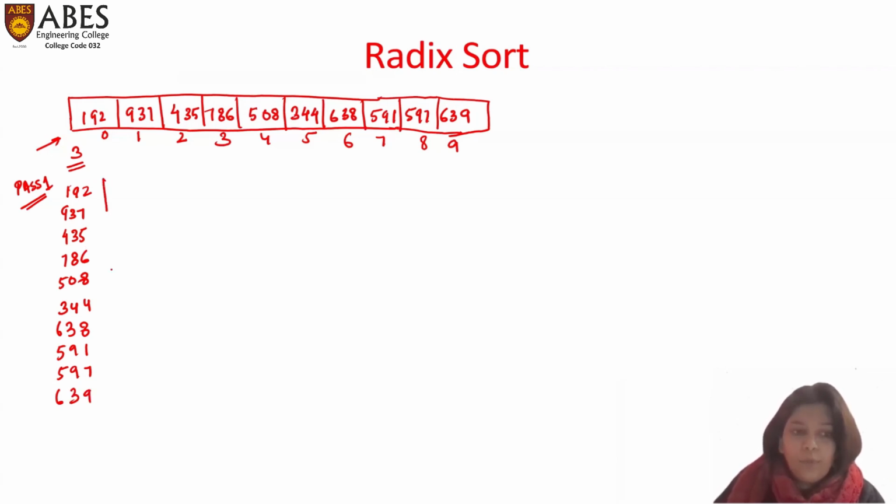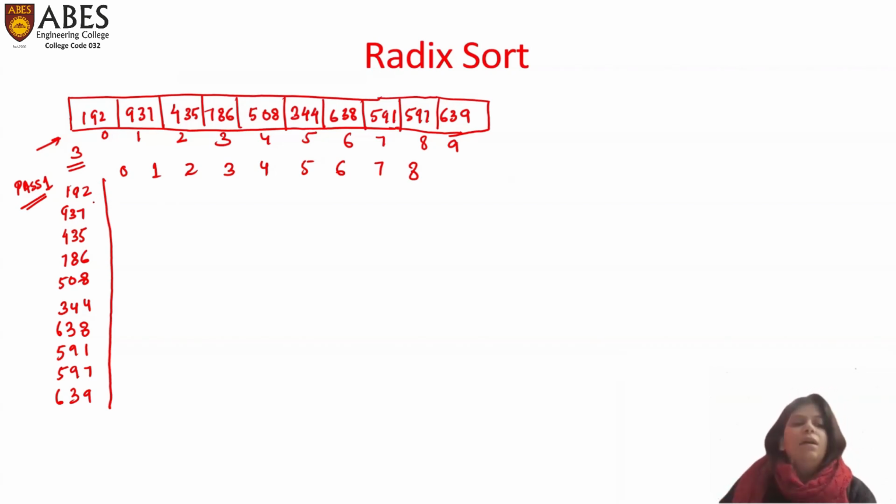In order to do so, we can create a table in which I can write all the digits which are possible from 0 to 9. And now we will keep on sorting the numbers based upon the ones digit.